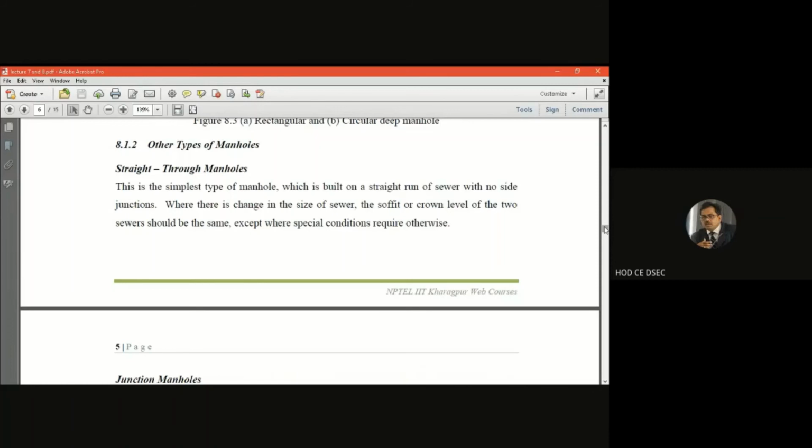But even these manholes are provided where there is a change in the size of the sewer. So where the small diameter pipe or small cross section of pipe combines with the greater cross section of the pipe, at that junction in the straight portion also, these straight through manholes will be utilized.